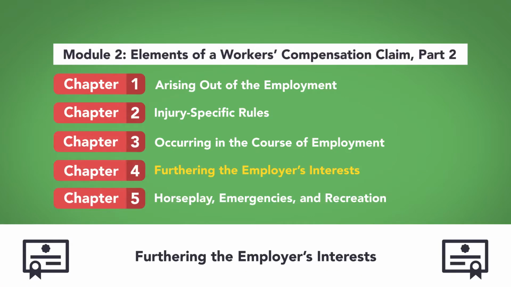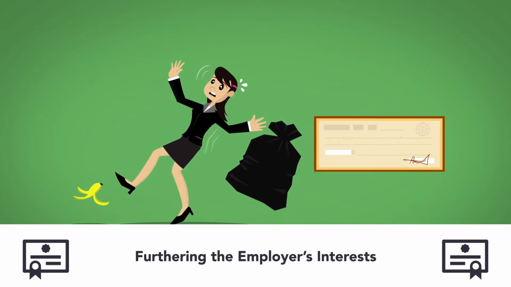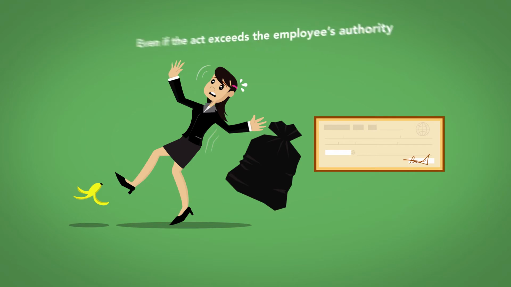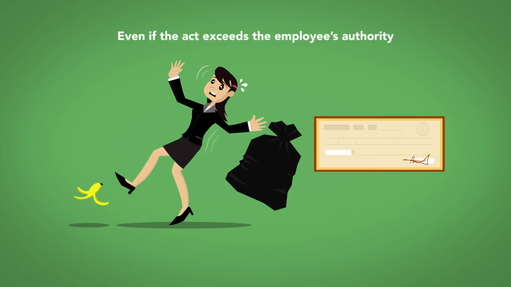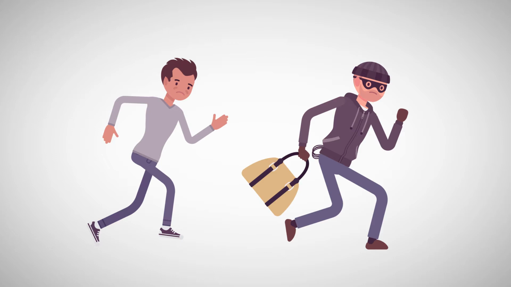Furthering the employer's interests. Generally speaking, if an employee is injured while acting in good faith to benefit the employer's business interests, such injury may be compensable, even if the act does not specifically further the employee's own assigned work purpose, and even if the act exceeds the employee's authority. The classic example is where a grocery store employee chases down a criminal who snatched a patron's purse.